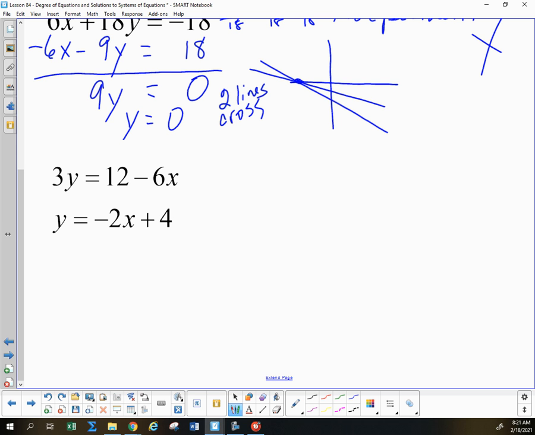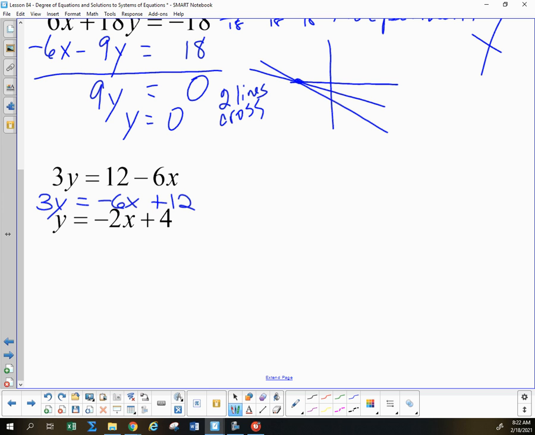James, you notice anything? Well, we could use substitution. We could do substitution on that. I also noticed the first one isn't really in my normal order. What if I rewrote the first one? 3y equals minus 6x plus 12.